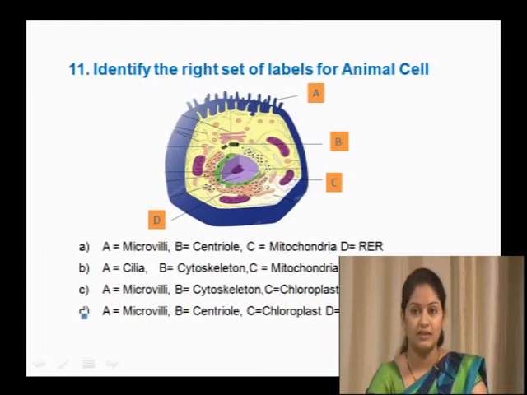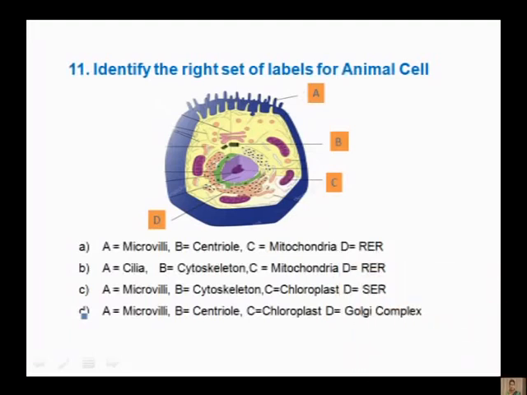Next comes the diagram question where we are supposed to indicate the labels. The diagram is representing animal cells and the labels are A, B, C, D. The options given there are A, microvilli, B, centriole, C, mitochondria, D, RER standing for rough endoplasmic reticulum.